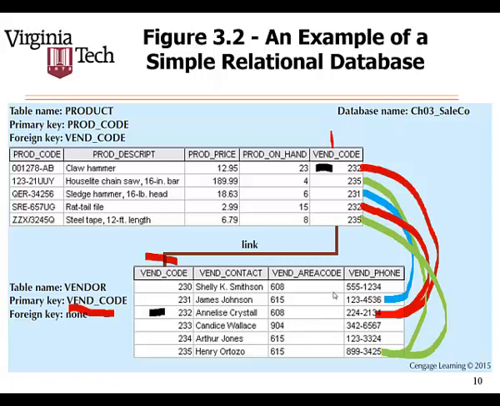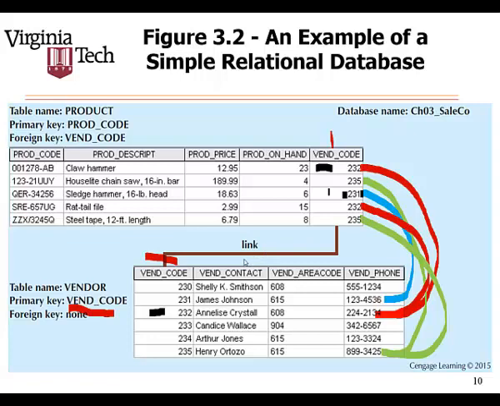So the reason that we store the value of the primary key from vendor code in vendor as a foreign key vendor code in product is so that we have the value of the primary key here in product. Once we have that value and we know it has the characteristic of being unique across all rows of vendor, we know for sure that we can find the one vendor that supplied that product. And that is the concept of key and foreign key.